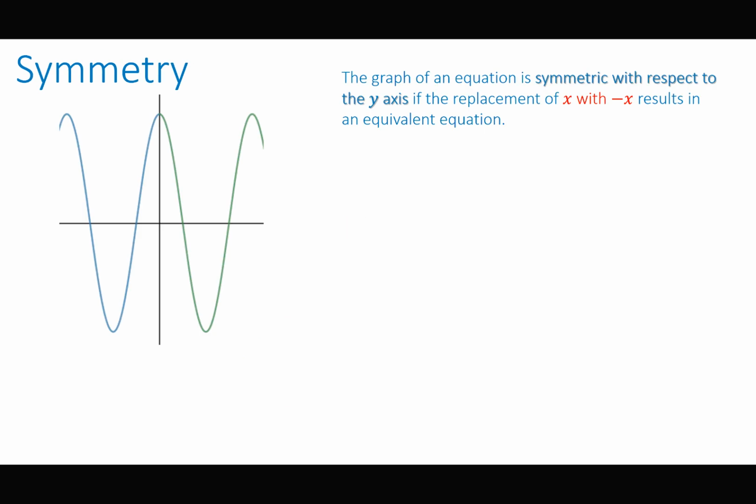Let's talk about symmetry. Symmetry is very straightforward, but we're going to dive into it a little bit more. We can see that this graph is symmetric. Is it symmetric about the y-axis, or about the x-axis? Matthew, what do you think?